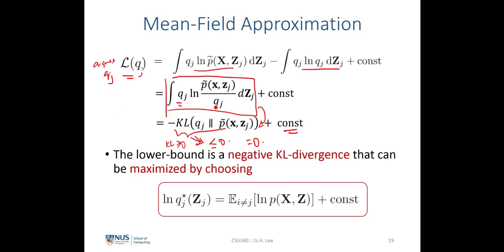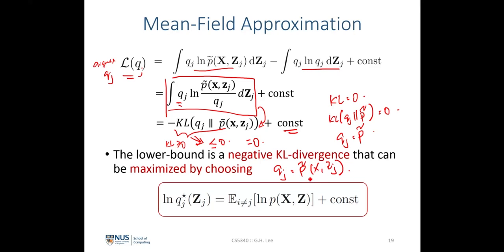And what's interesting here is that the KL divergence of two distributions q_j and p tilde will only be equal to 0 when q_j is equal to p tilde. So what this means is that we can simply choose the optimal solution of q_j to be equal to p tilde of x and z_j.